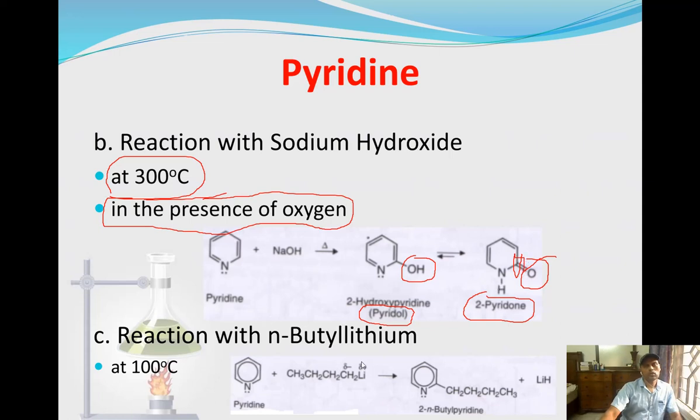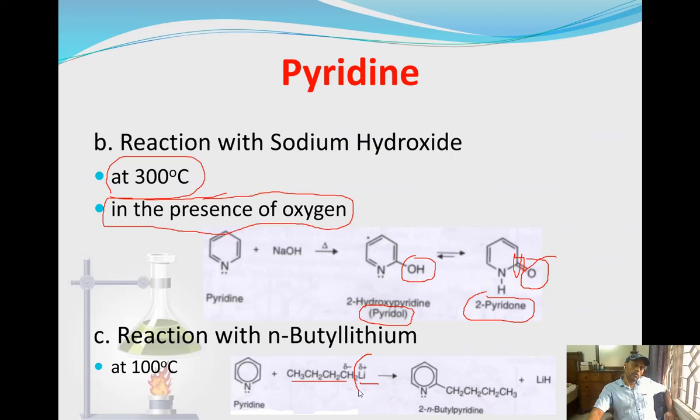Next is the reaction with N-butyl lithium. You have to carry out this reaction at 100 degree centigrade. As you can see here, N-butyl lithium. This is the butyl group, and this is lithium.